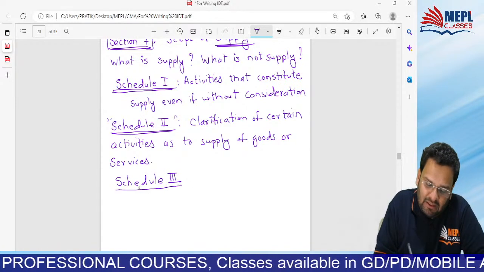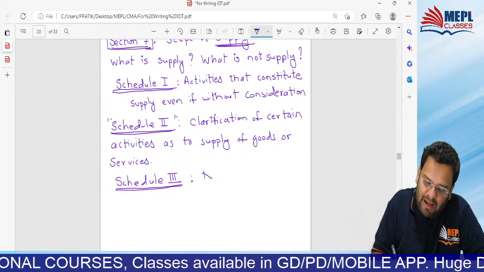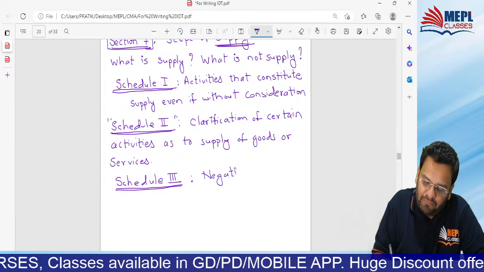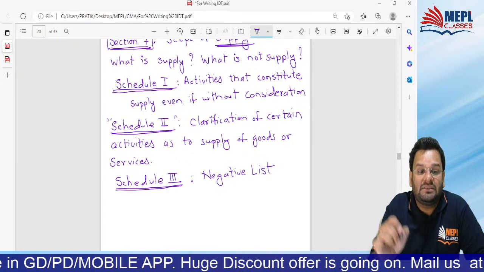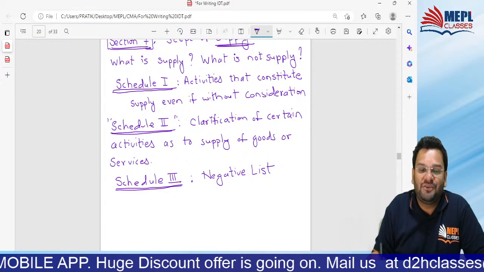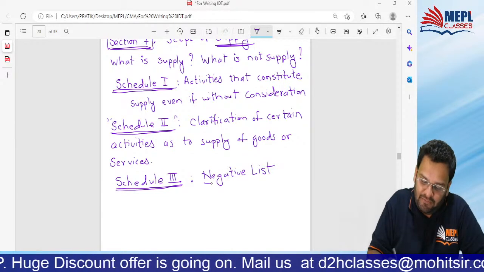Okay, and schedule 3 is negative list. What do you mean by negative list? Negative list means certain activities are neither supply of goods nor supply of services.